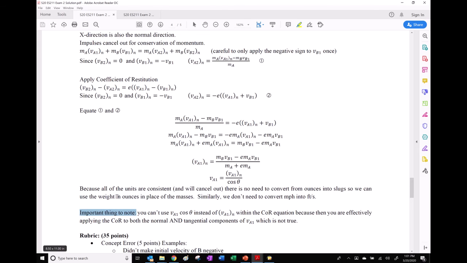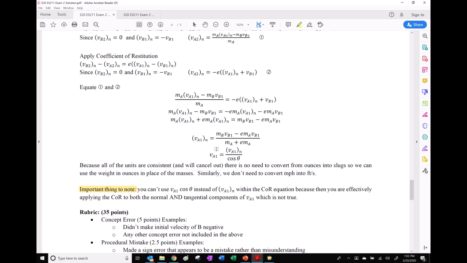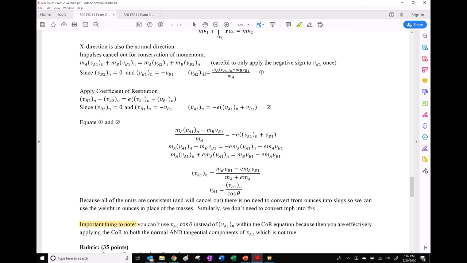Important to note. Up here you can go ahead and, instead of the velocity of A1 in the normal direction, just put velocity A1 times the cosine of theta. But you can't do it right here. Why is that?